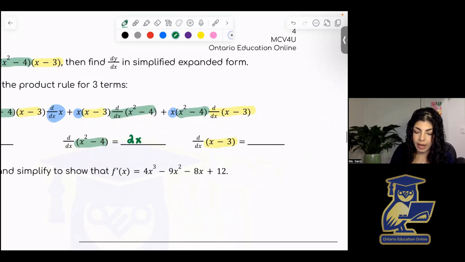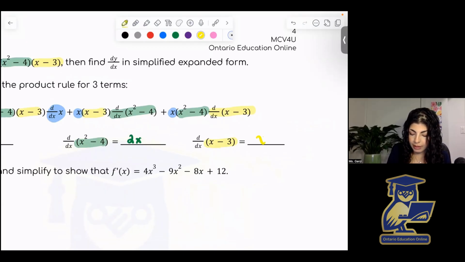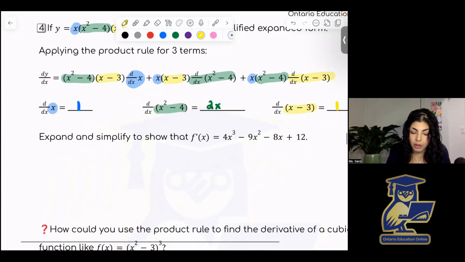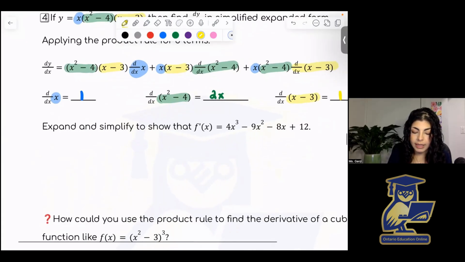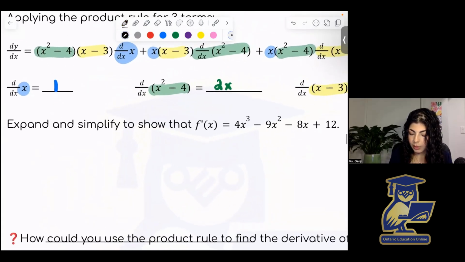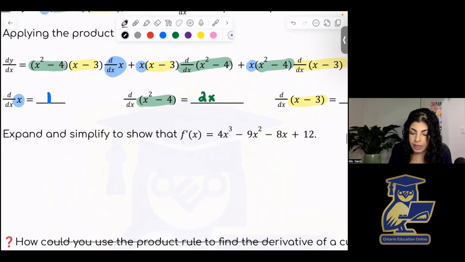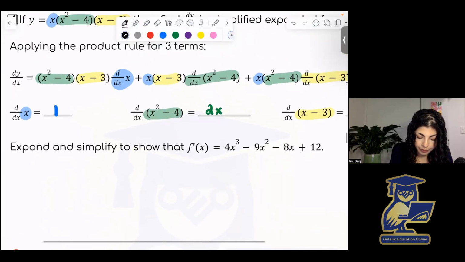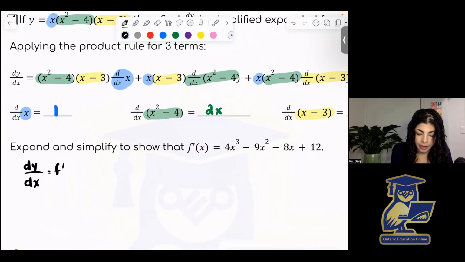And then finally, we have 1 here, because the x would just be 1, and then negative 3 is a constant. So now let's try to expand and check that this is equal to the expression there. So dy dx, and this is f prime of x, is x squared minus 4, x minus 3, and this is just 1.